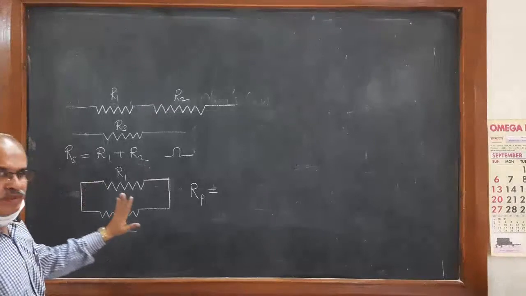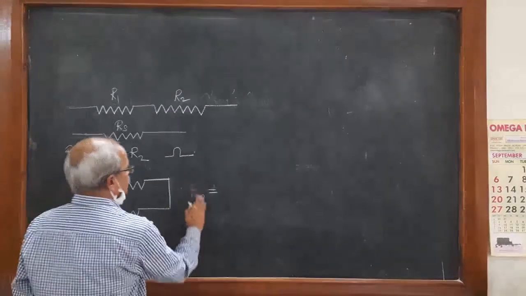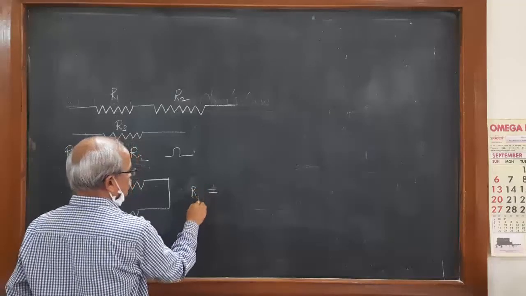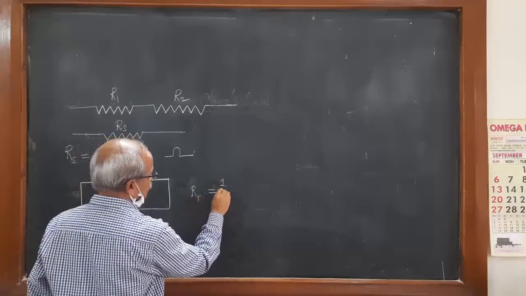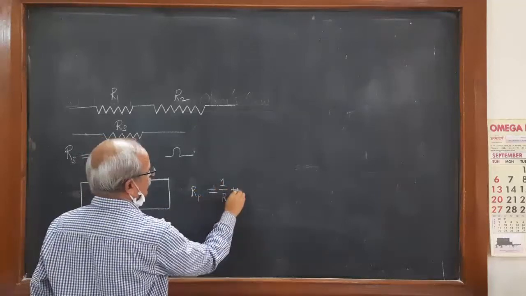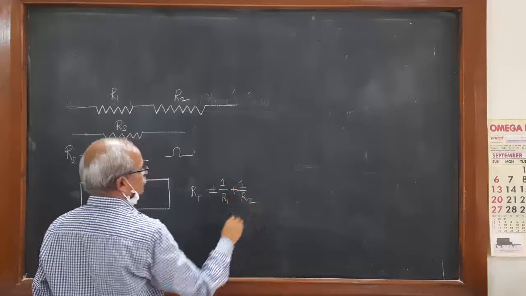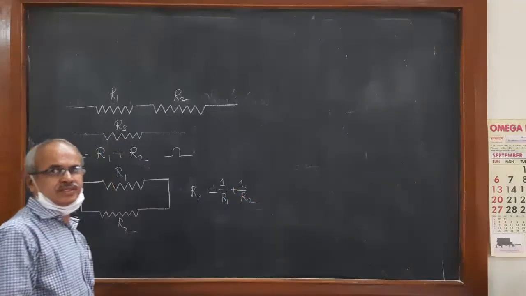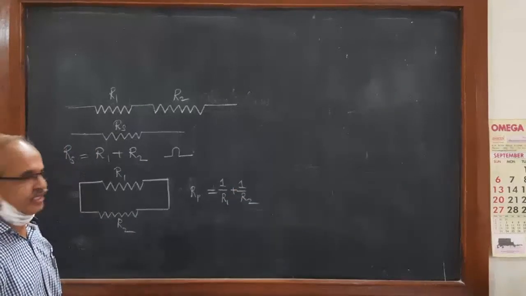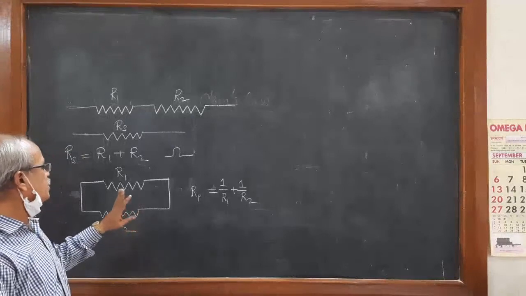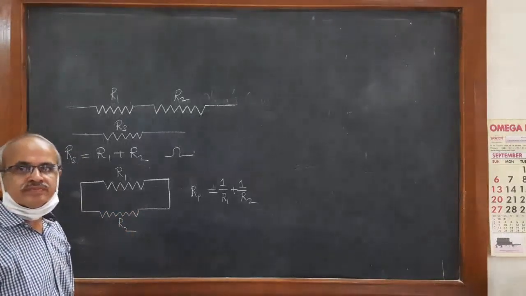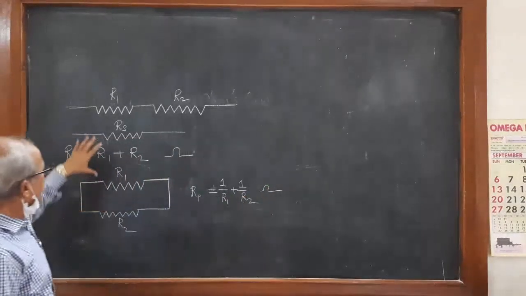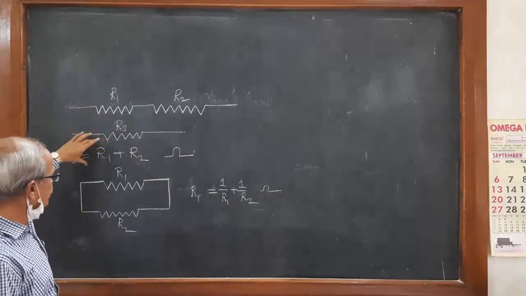According to the laws of combination of resistances in parallel, the equivalent resistance is given by 1 upon RP equals 1 upon R1 plus 1 upon R2, the sum of reciprocals of the individual resistances. That is the equivalent resistance RP. It is also in ohm.